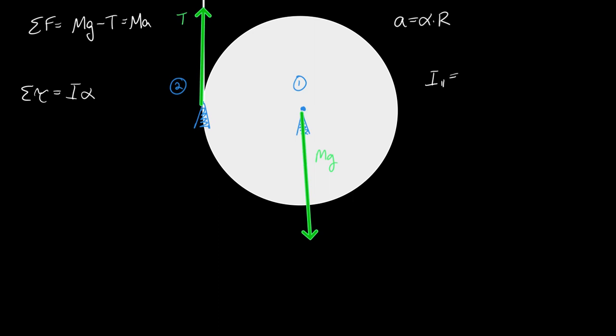It's a disk, so 1/2 mr squared. We are shifting the point of rotation one radius. So our moment of inertia will be 3/2 mr squared.